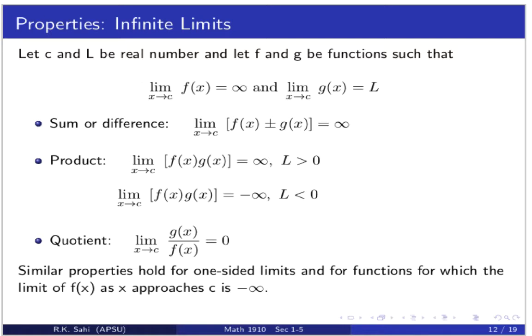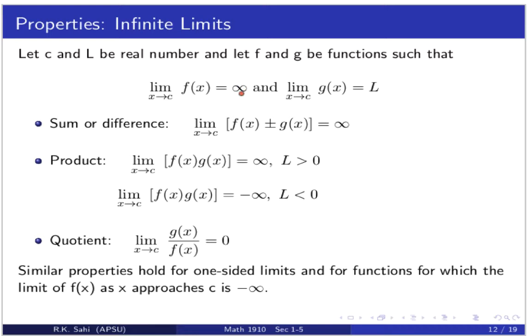Here, if c and L are two real numbers and we have two functions f and g, such that the limit of the function f as x approaches c is infinity. Now remember, infinity means that the function is unbounded, and positive infinity basically means the value is increasing without bounds. Please remember that this infinity is not a real number.